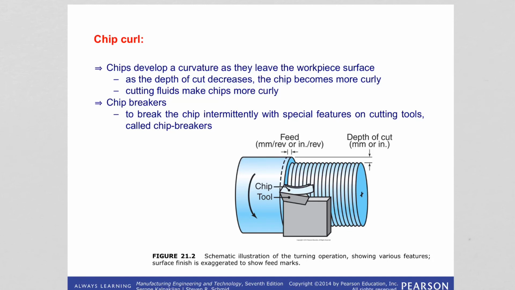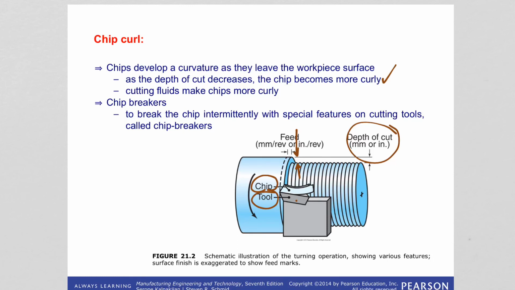So if we look at the process parameters and how they affect it, as the depth of cut decreases, the chip becomes more curly. So depth of cut is illustrated here. This is the depth of cut. So if this is the tool, this is the chip that is forming.